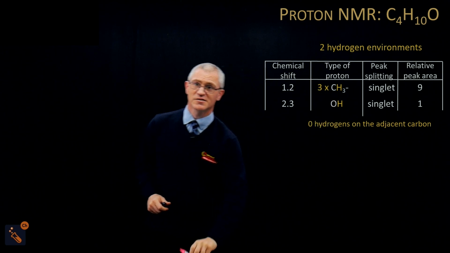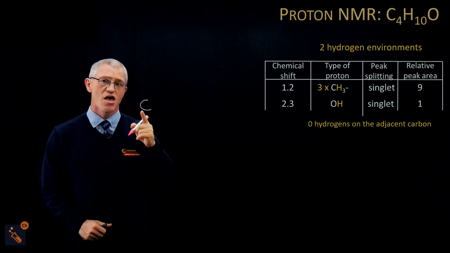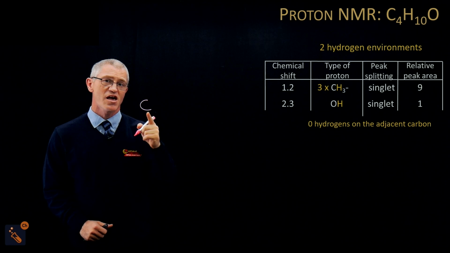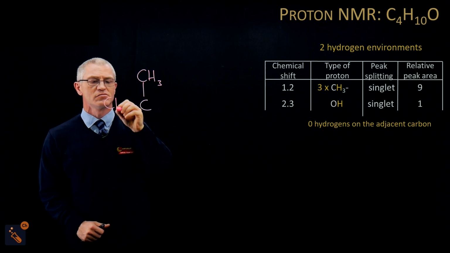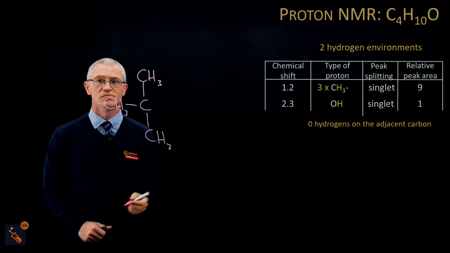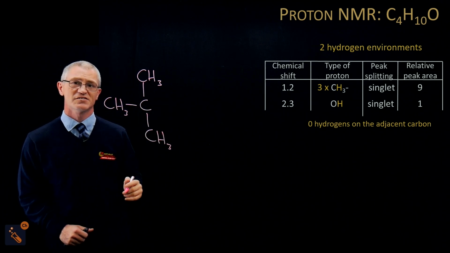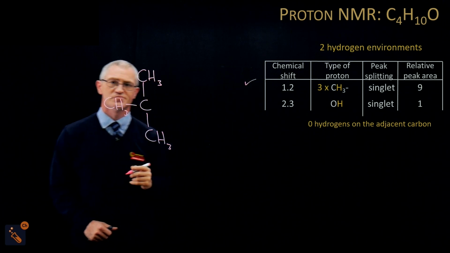Now, if that is the case, and let's draw it, this carbon must have no hydrogens on and have all the CH3s on. So let's put the CH3s on. Okay, there's your CH3s, and that's that group at the top. So this group at the top here, we've done.